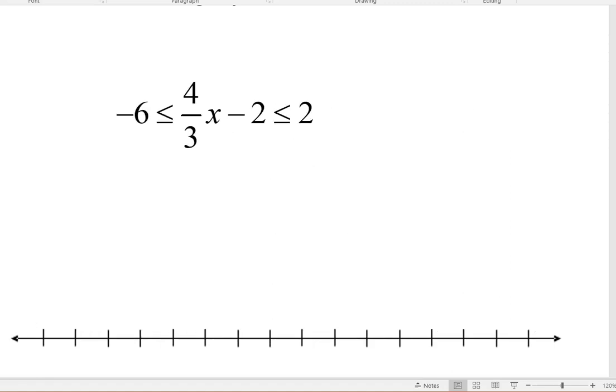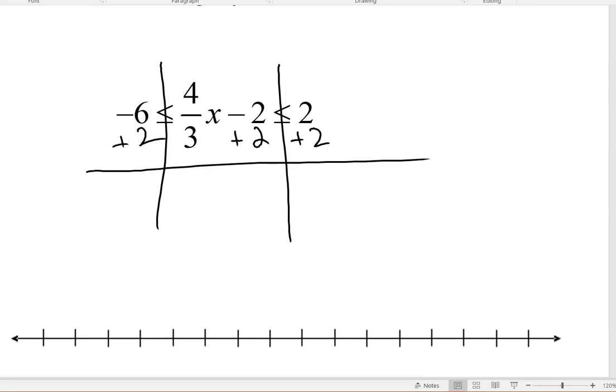Very similar. I'm solving for the one in the middle. Okay, so whatever I do to the middle to solve it, I do to all 3 sides. So I have negative 4 less than or equal to 4/3 x less than or equal to 4. I would multiply both sides by 3/4. If you want to do that, you can.